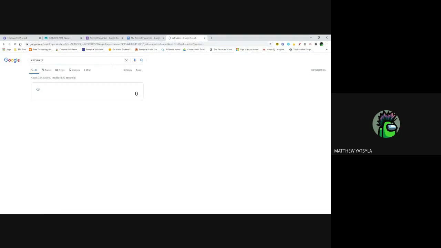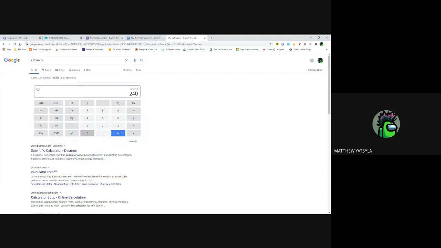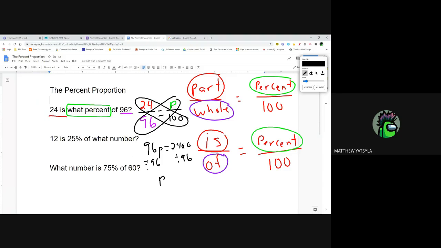We hit it in a calculator. 2400 divided by 96, we wind up with 25. Now this 25 here gets me the percent equals 25. So actually the percent means 25%. So the answer for this one, what percent? It's going to get us 25%. And you can check that. You can do 25% of 96 to make sure it equals 24.